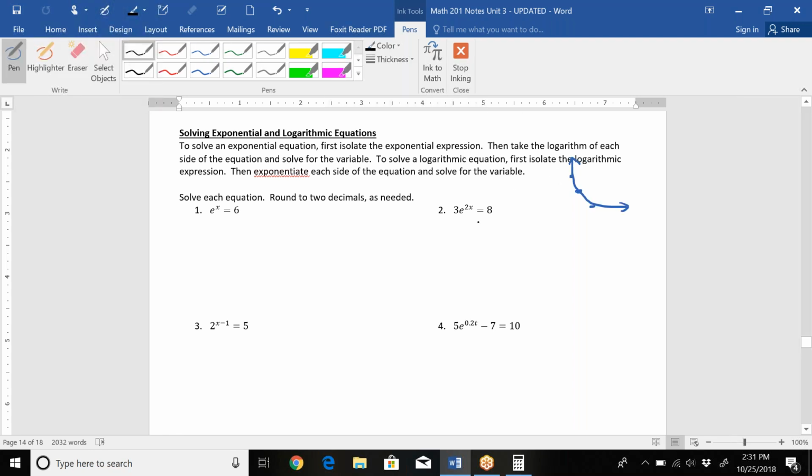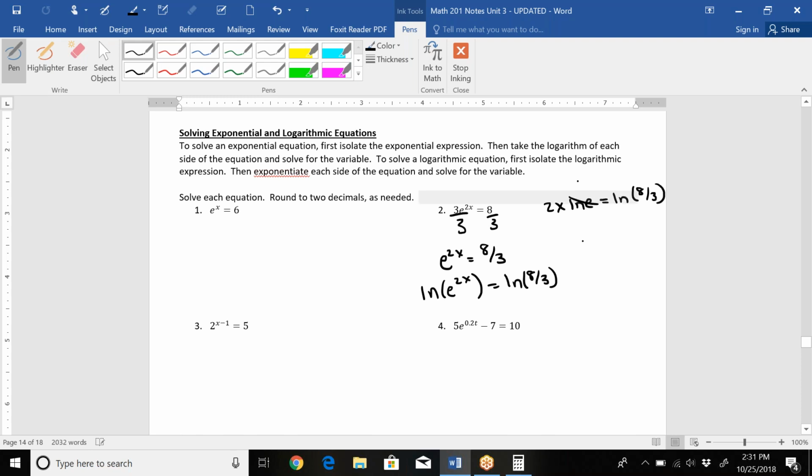Or not. So we need to isolate the e to the x to make this solvable. So e to the 2x equals 8 over 3. To get rid of your e, you want to take the natural log of both sides, because that will allow us to bring that power to the front. So we bring the 2x to the front using one of our properties we learned today. And that just leaves us with natural log of e right there.